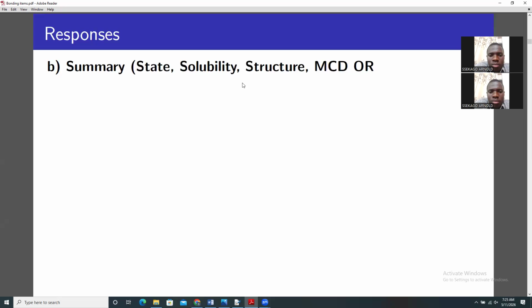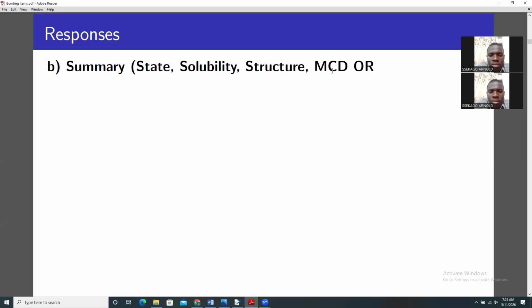So what are those properties? One can concentrate on the state of the substance, solubility of the substance in water, the structure of the substance, M stands for melting point, the melting point of the substance. C stands for conduction. Conduction can be conduction of electricity or heat.